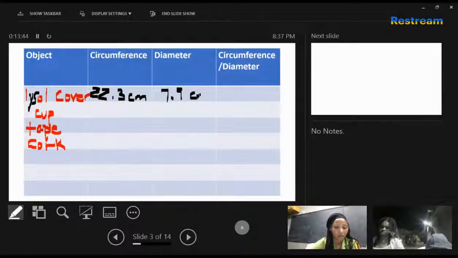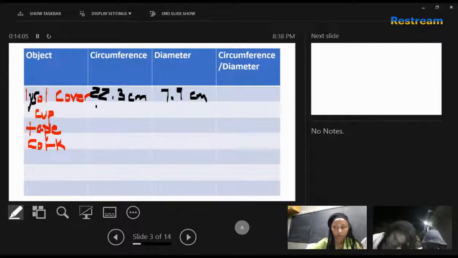All right, John, for the cup, what's the circumference? Measure the distance around the edge of the cup.